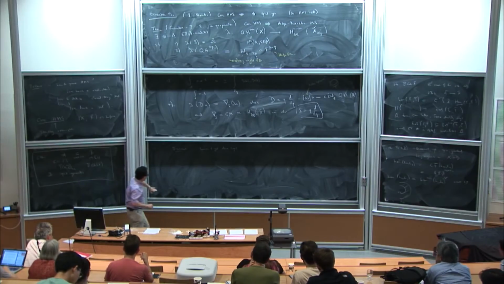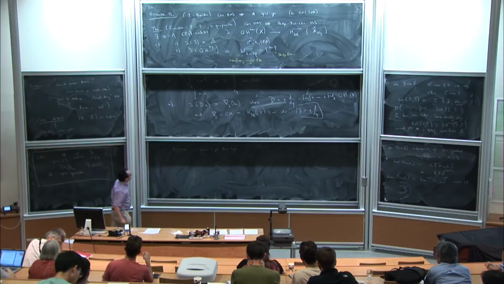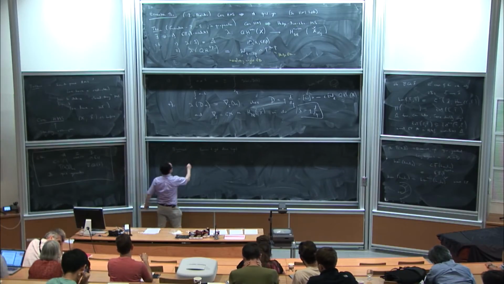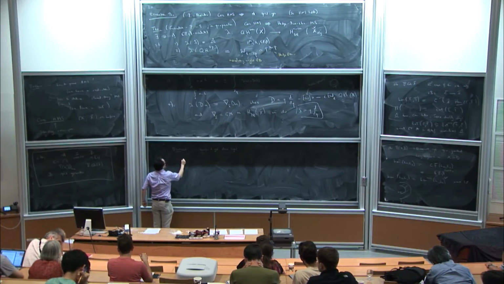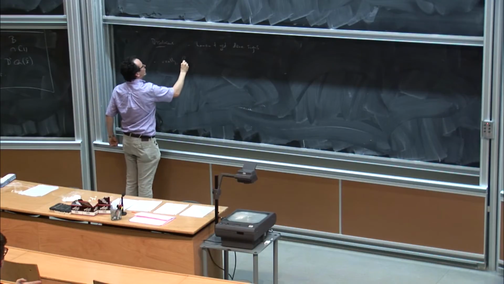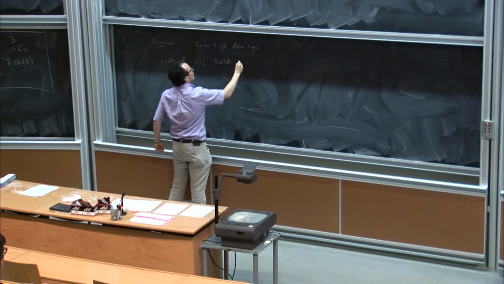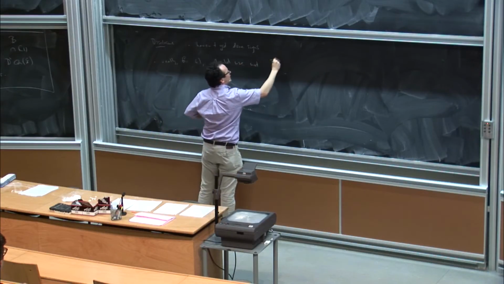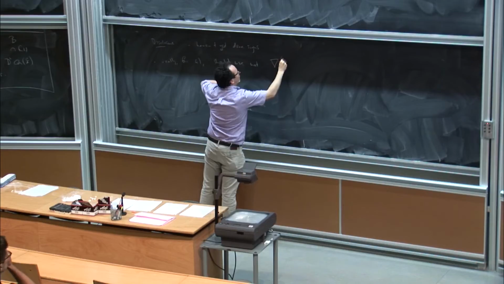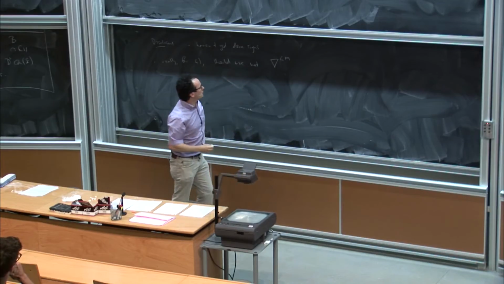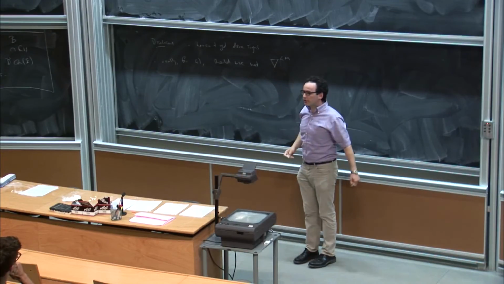I'm just writing out the details. There's one other thing, which is that really, for 4, I should use not the Gauss-Manin connection itself, but rather something which is almost surely the same thing.